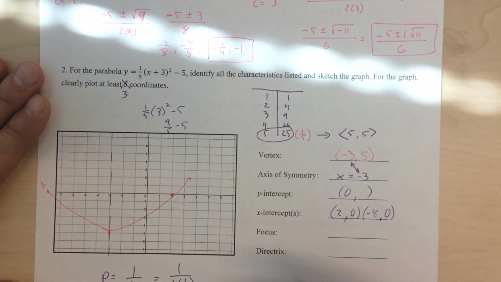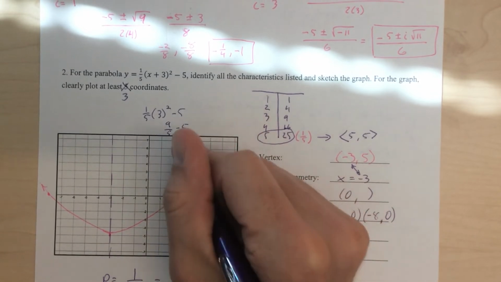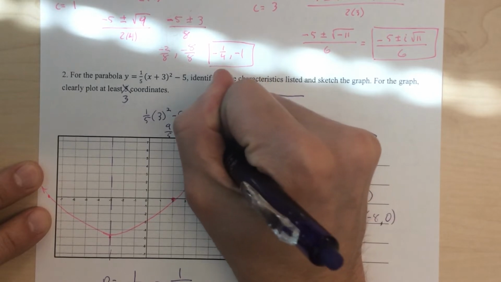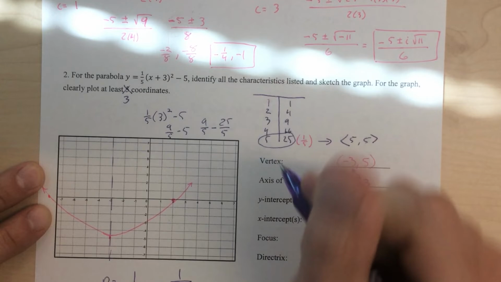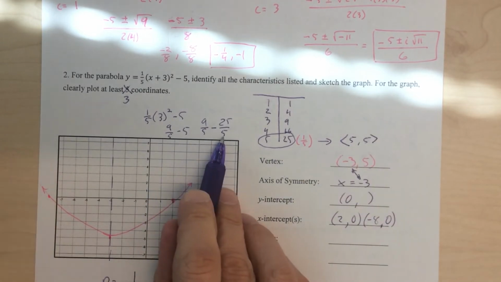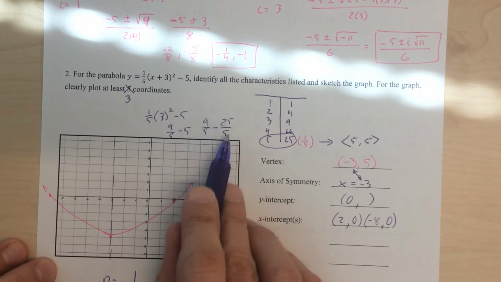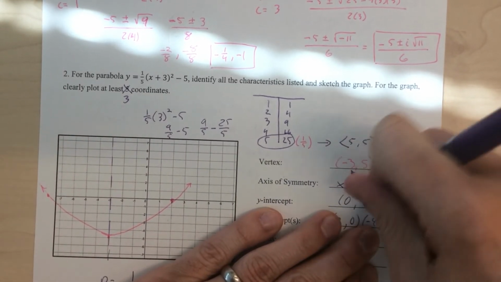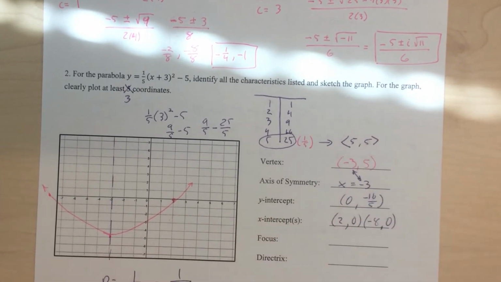If you're pretty good with your fractions, we'll change the 5 into a fraction with denominator 5. So we're going to end up with 9/5 minus 25/5. That's the same thing as 5 with a denominator 5. So when you subtract them, you can just subtract the tops and keep the 5 on the bottom, and that's going to give you negative 16/5 for that one.